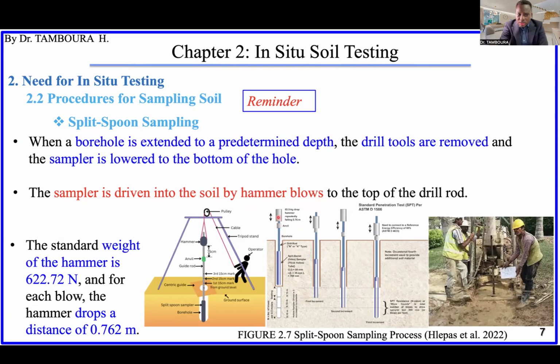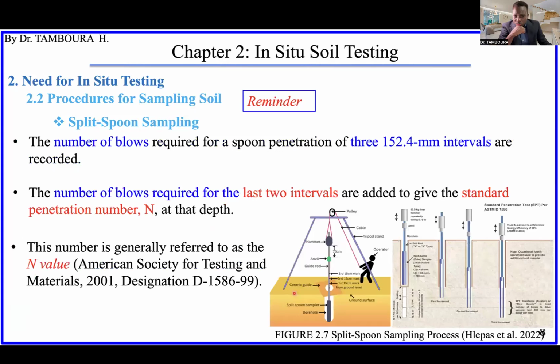And you can see the characteristic of the hammer and the height of dropping the hammer. We talked about this last time in the previous video. Please go back and check. And we have to count number of blows required for the penetration of 3 times 15 centimeters. Okay, as you can see here, 15, 15, 15.